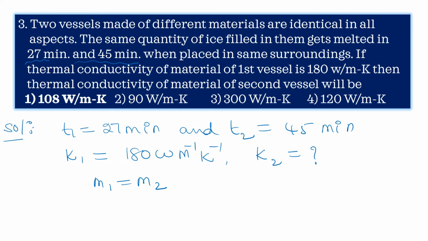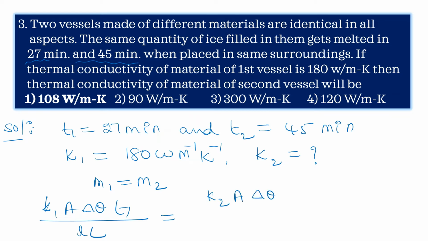Both masses are equal. So that is K1 A delta theta T1 by L into L equals K2 A delta theta T2 by L into L. Here A delta theta and L get cancelled.